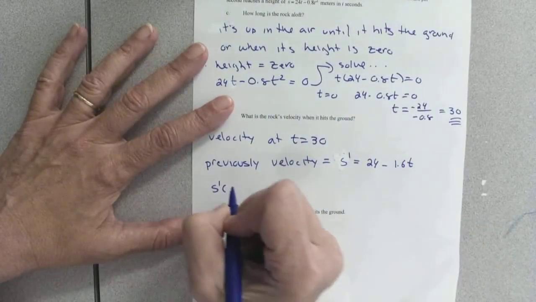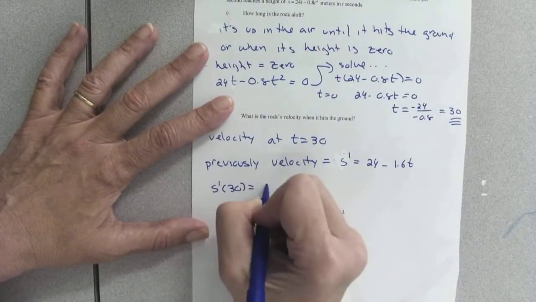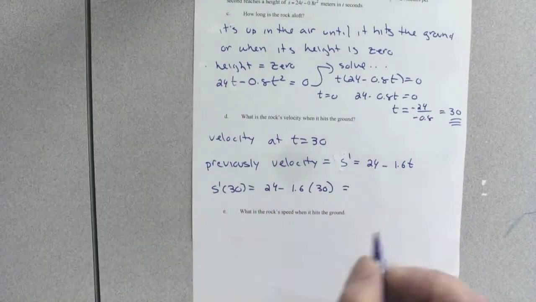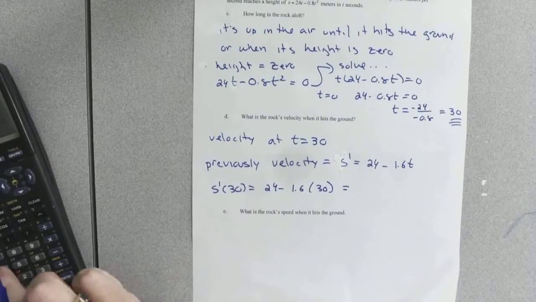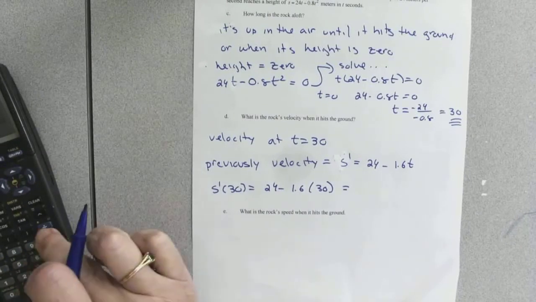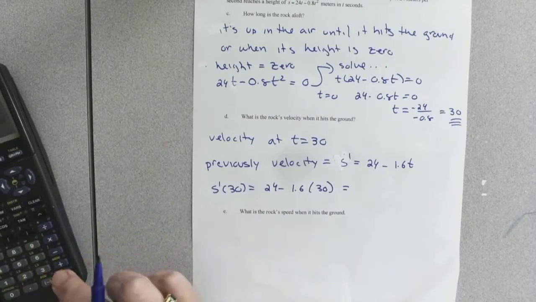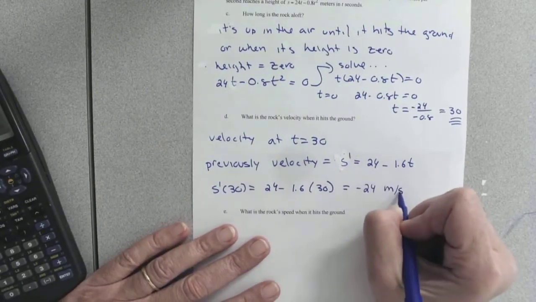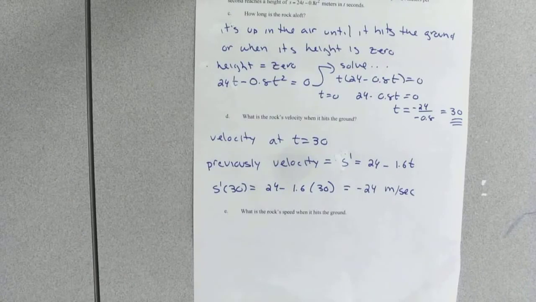So s prime of 30 is 24 minus 1.6 times 30. And that is negative 24 meters per second. Negative because it's coming down, that's a negative direction. Velocity gives us both how fast and direction.